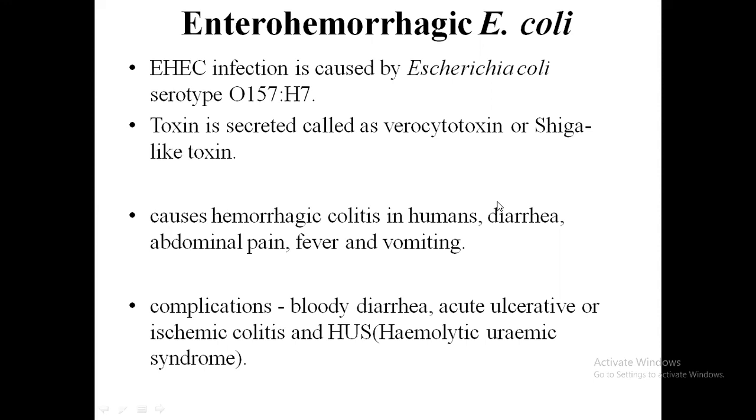Next, enterohemorrhagic. Enterohemorrhagic is one of the many groups of bacteria, like E. coli, that normally live in the intestine of healthy humans and most warm-blooded animals. E. coli bacteria help maintain the balance of normal intestinal bacteria against harmful bacteria.